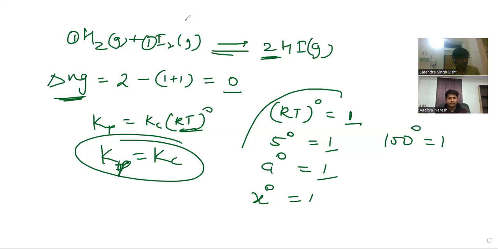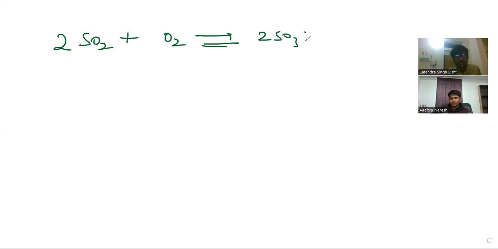Done. Next one is 2SO2 plus O2 gives 2SO3. Which one is greater, Kp or Kc? So Kc would be greater.